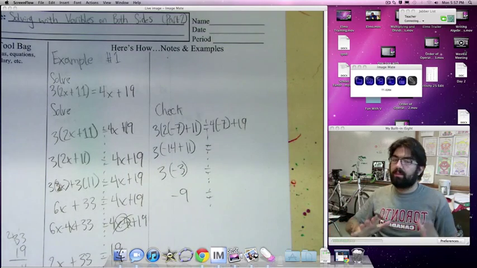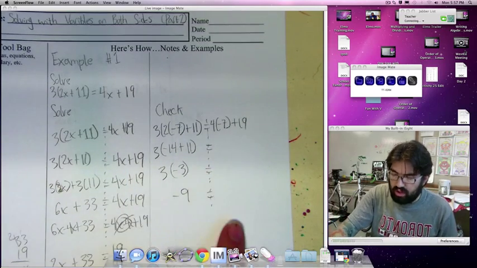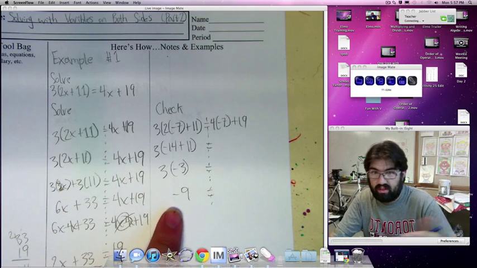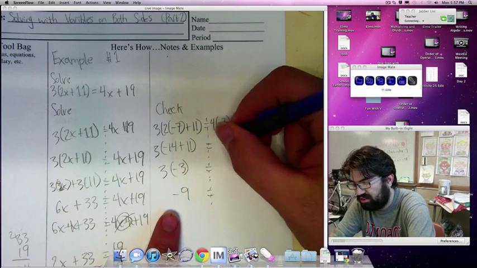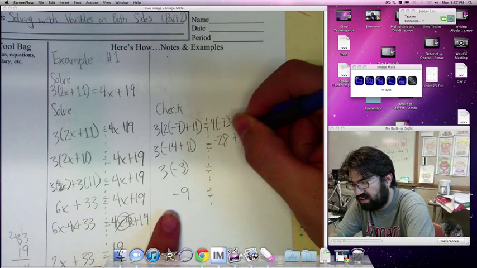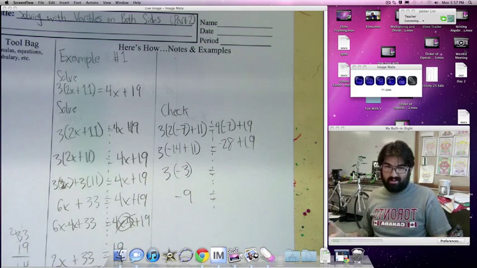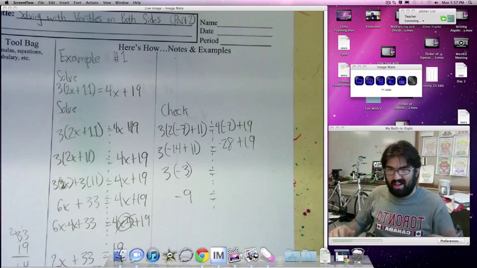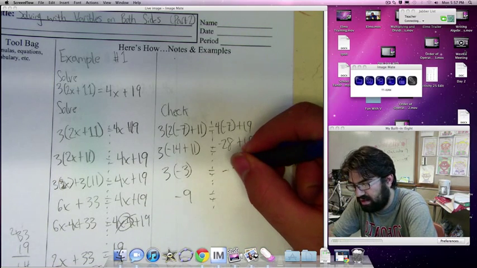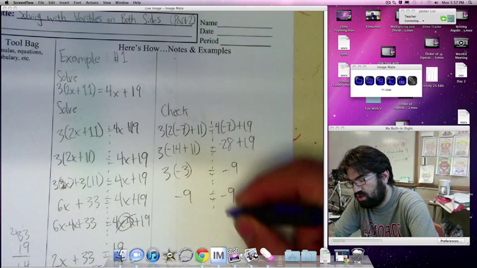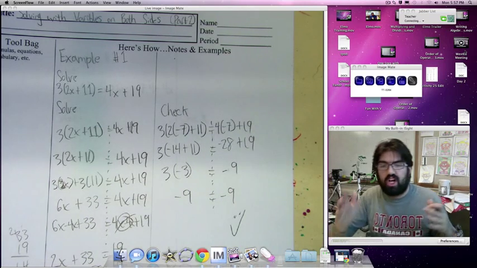So whatever we end up with on this side, it should equal negative 9. Let's check. 4 times negative 7 is negative 28 plus 19. Negative 28 is negative, plus positive 19 is positive, so we get negative 9. Sure enough, that's good. So we've checked our answer.